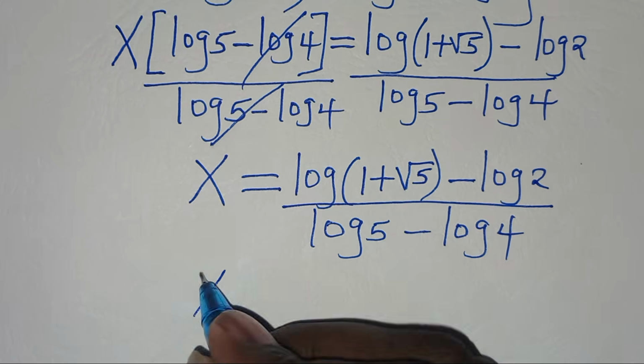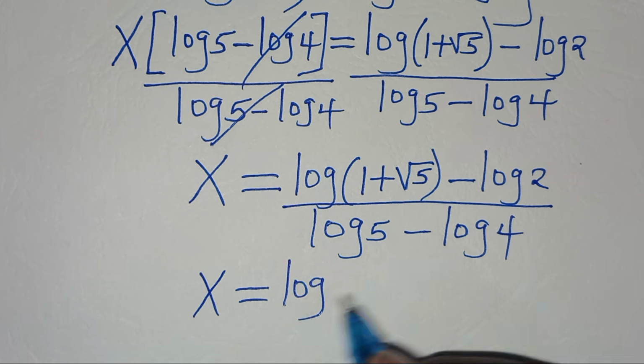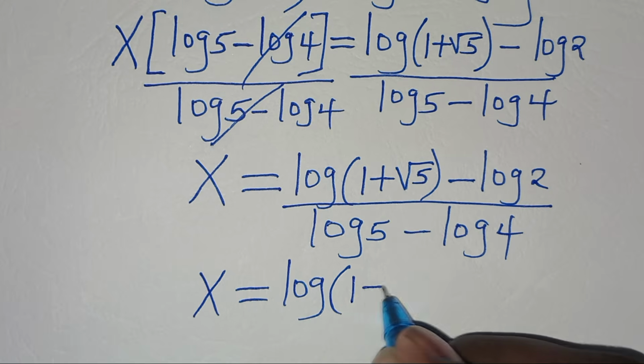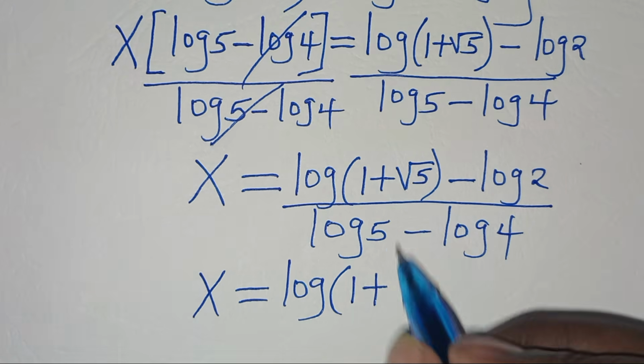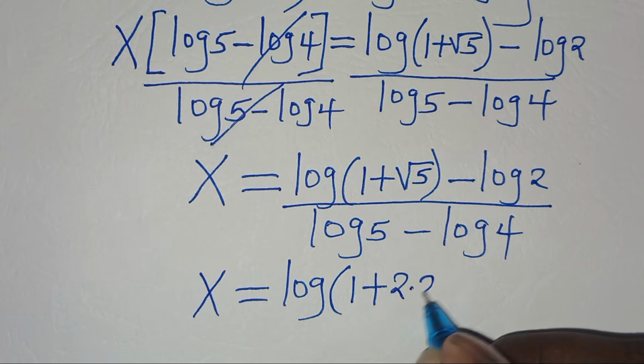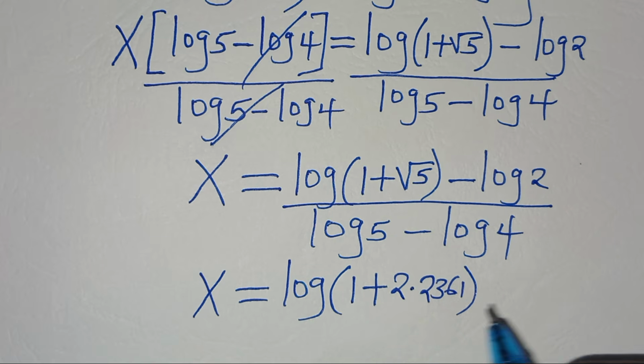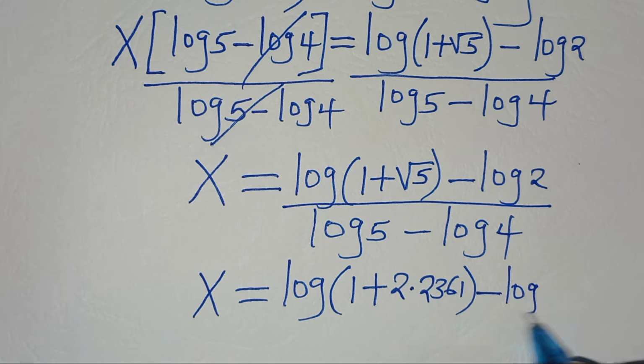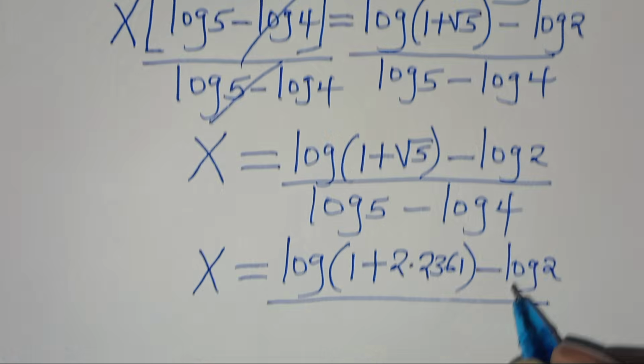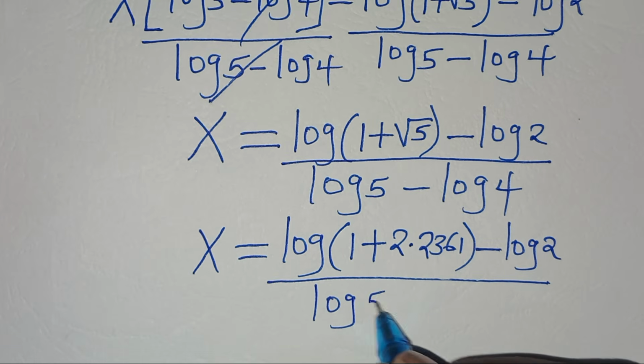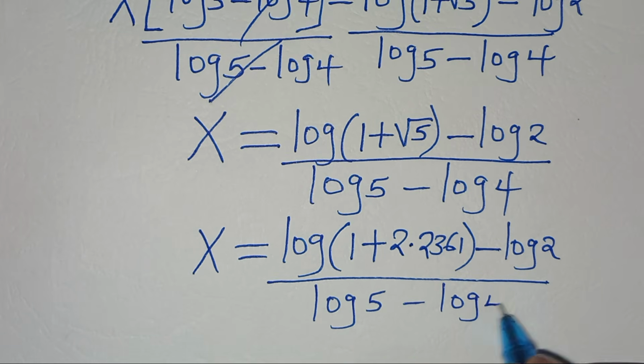So this means that x is equal to log, now 1 plus root 5 is the same thing as 3.2361, minus log 2, divided by log 5 minus log 4.